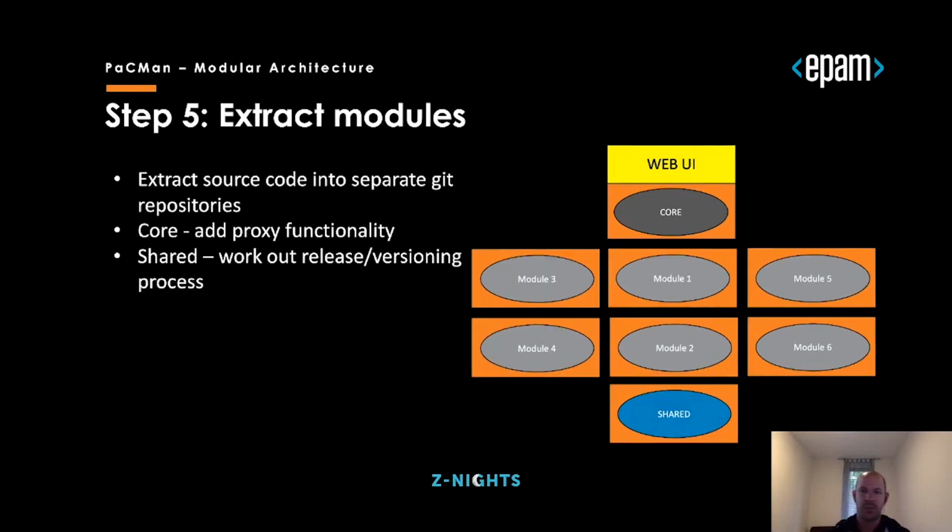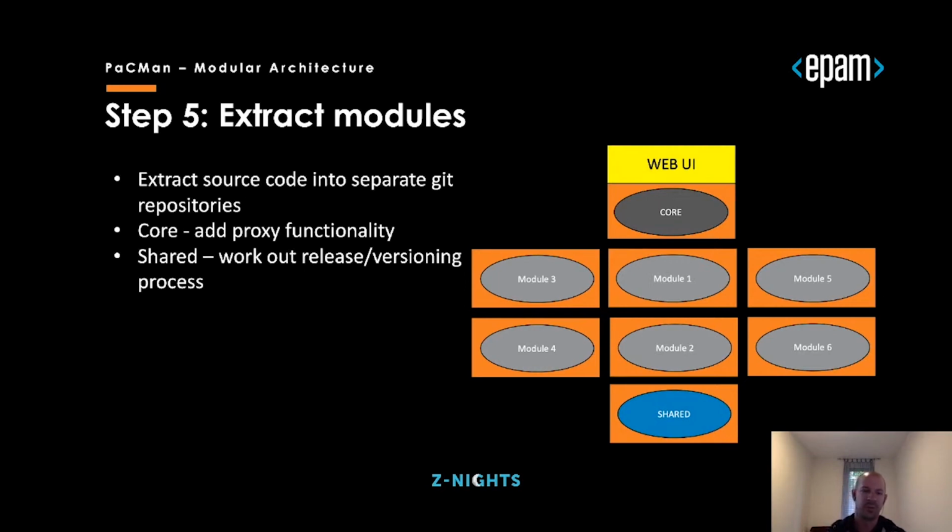So we went further, and the real split was here, because we started to extract all of our source code into separate Git repositories. We moved all of our subprojects into real Gradle projects. Besides this, we added some proxy functionality for the core.